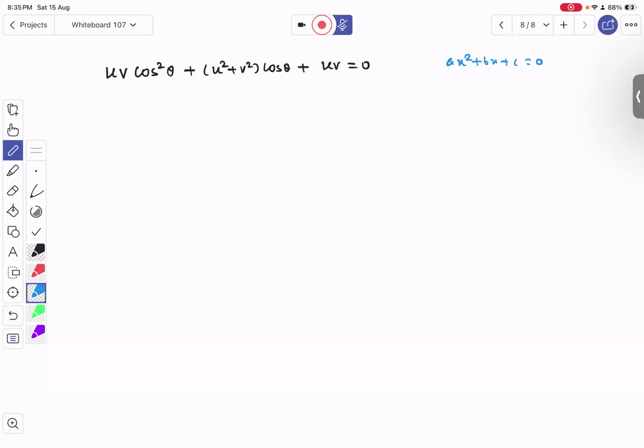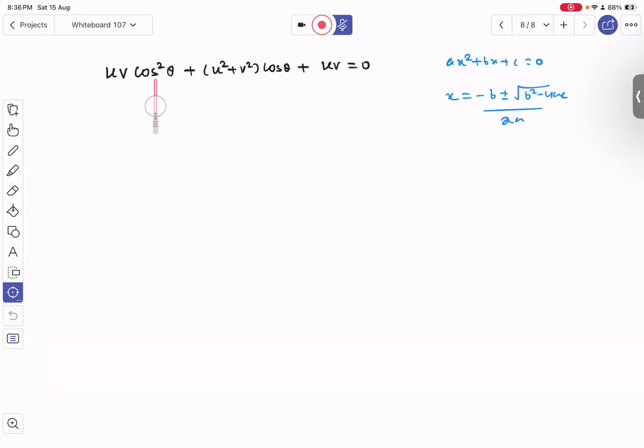Roots of a quadratic equation are minus b plus minus root of b square minus 4ac, by 2a. So we'll find the roots, which will give us cos theta values. Think of it as having cos square theta instead of x square. So the roots of this quadratic will give us the possible values of cos theta.